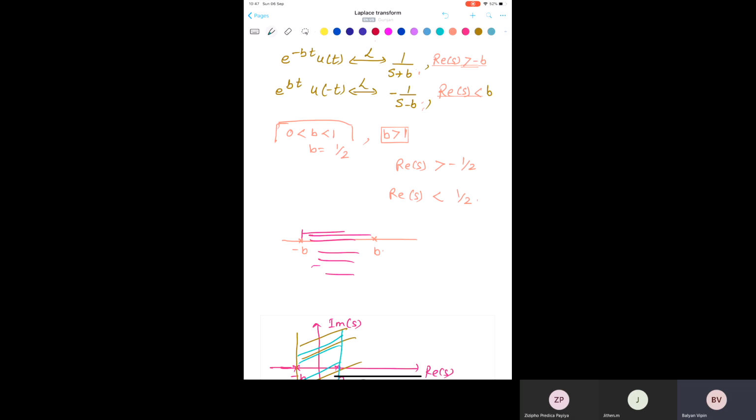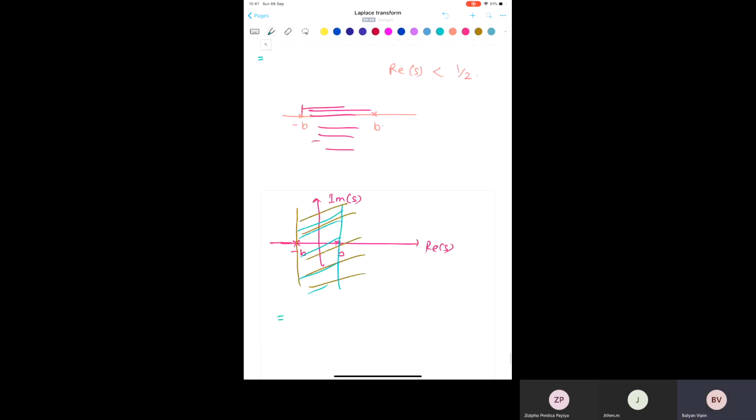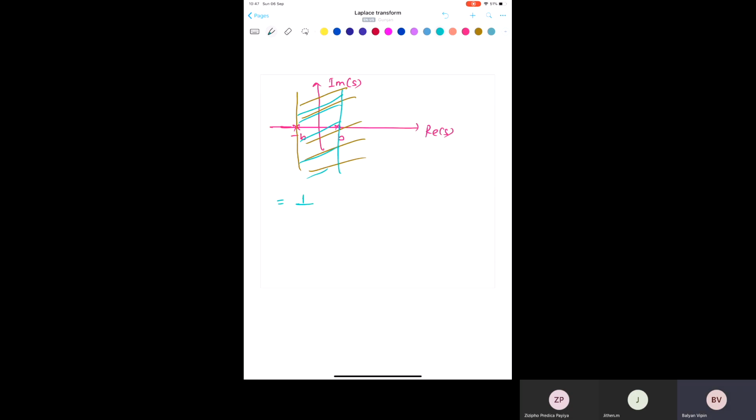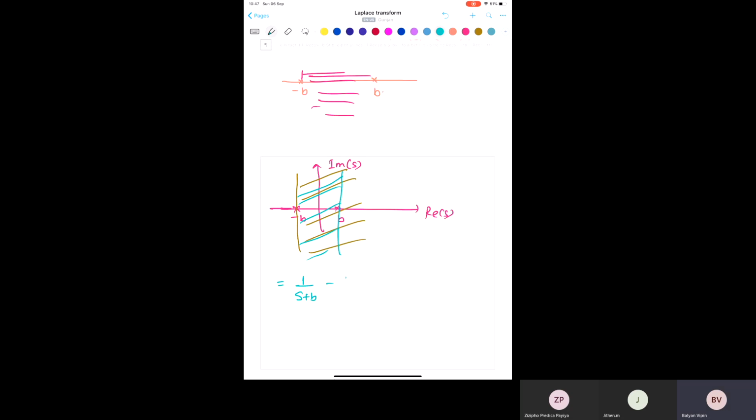When we have this range equal to 1 upon s plus b minus... okay.